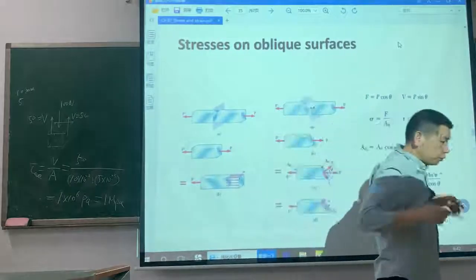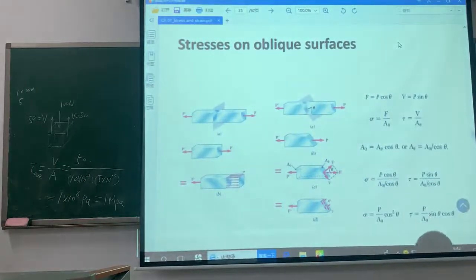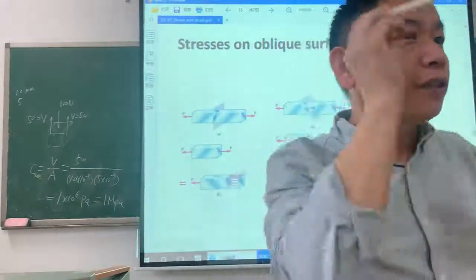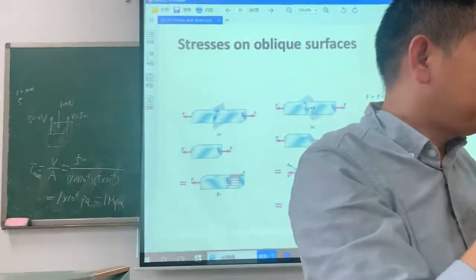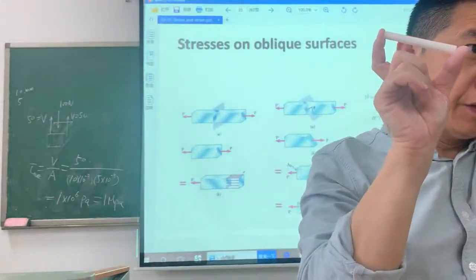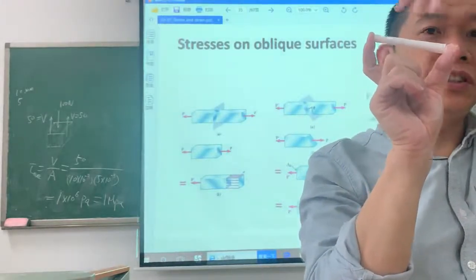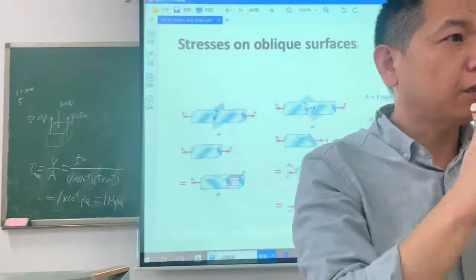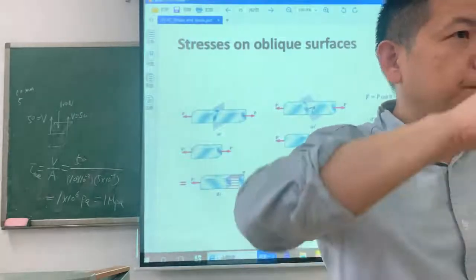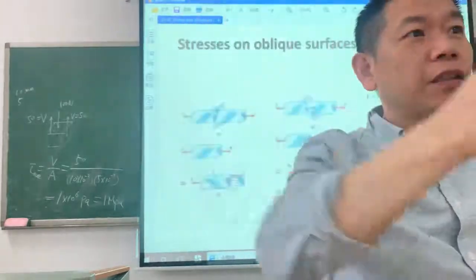I show you a practice. If the chalk is in tension, when it breaks, the cut must be the cross section. Yes or no?